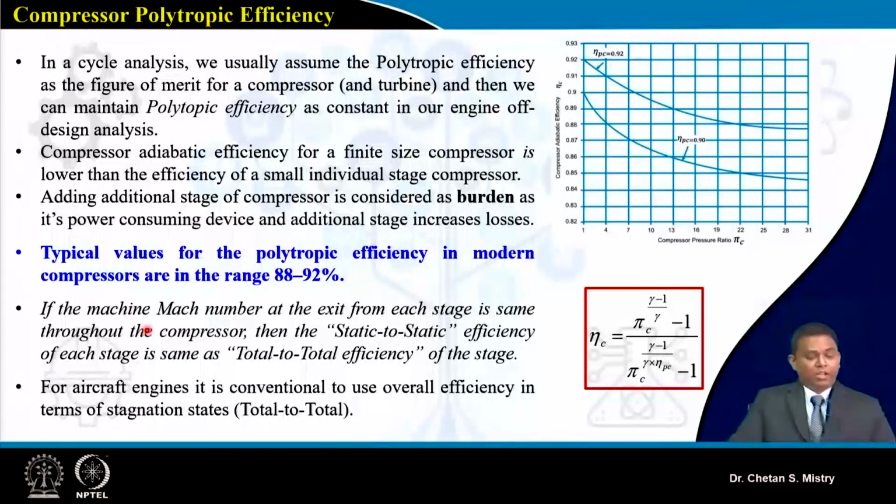It also says that, in order to avoid confusion, the Mach number at the exit of each stage remains constant throughout, and that's the reason that in place of static to static efficiency, we are using total to total efficiency. For aircraft engines, conventionally we write overall efficiency as total to total efficiency.